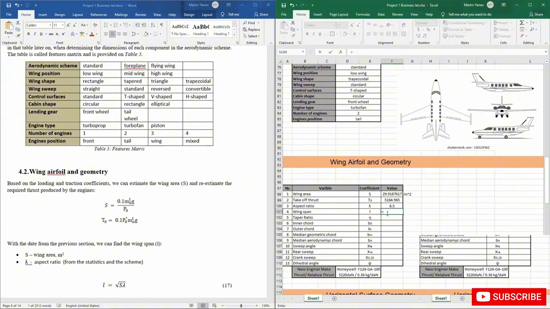And this will be equal to the square root, and in Excel this is SQRT, of the multiplication between S and the aspect ratio. That's it. So the length of our wing will be about 16 meters. Okay, so this value is in meters.